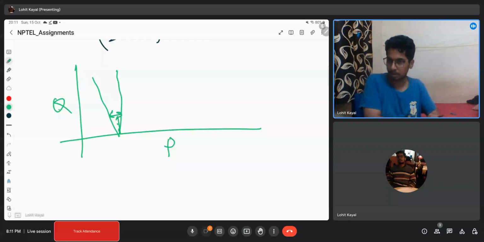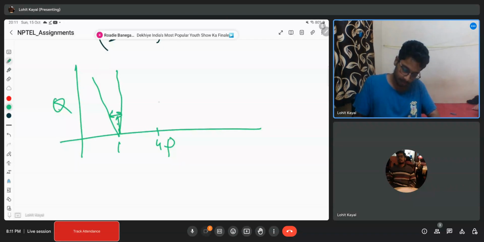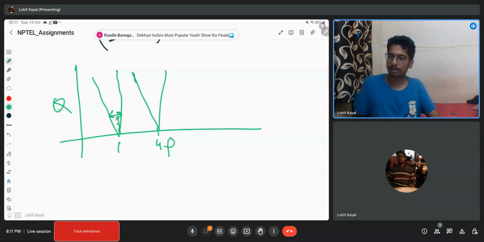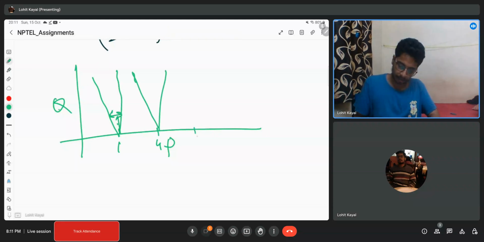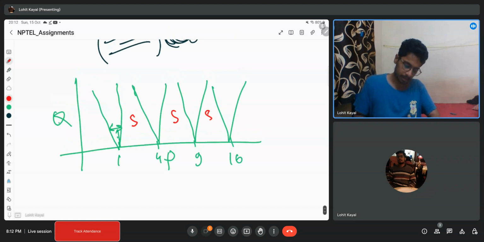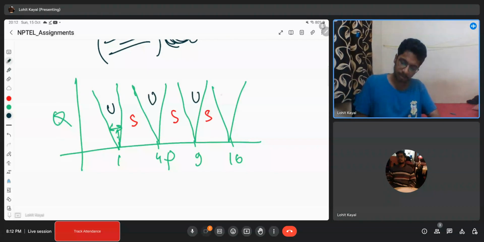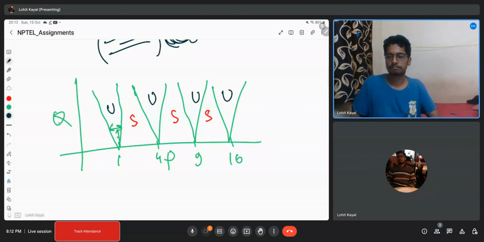Q is the non-dimensional forcing, right? At p equal to 1. Similarly, at p equal to 4, you will again find a similar region. At p equal to 9, you will get a similar region. 16, similar region. So in this region, it is stable, and inside this region, it is unstable. This is one very interesting result from the Mathieu equation.